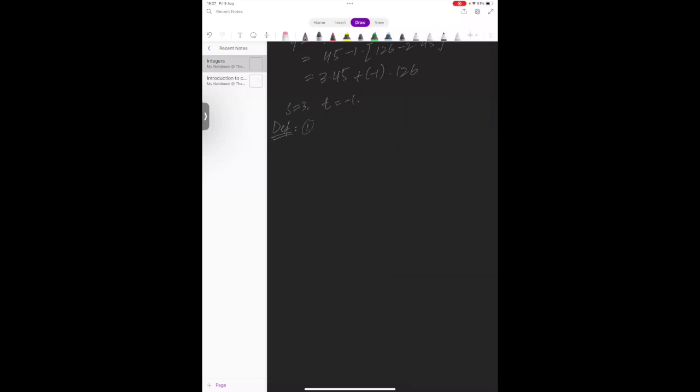Number 1, which says that an integer p greater than 1 is called prime if the only divisors of p are plus minus 1 and plus minus p.